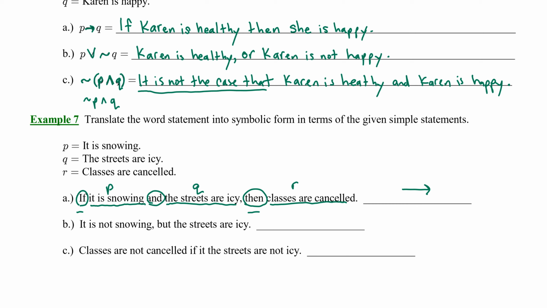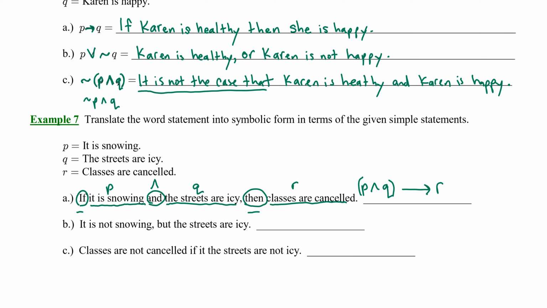And the word and is a conjunction, and its symbol looks like the hat. So we have if P and Q. Now those go together as the hypothesis of the conditional, so I'm going to put those in a set of parentheses. Then, now remember the statement that follows then is on the other side of the arrow. So we have if P and Q, then R.